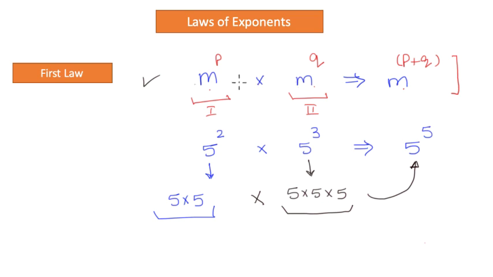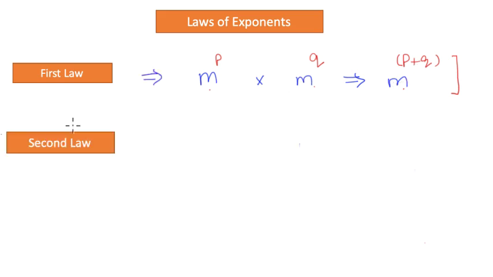The simple formula you need to remember is that when you're multiplying two numbers with the same base, their powers get added. In the first law, we were dealing with the multiplication of two numbers with the same base and different powers. In the second law, we are dealing with division of two numbers that have the same base but different powers. Let's say the first number is m to the power x, and the second number is m to the power y, and we are dividing these two numbers.